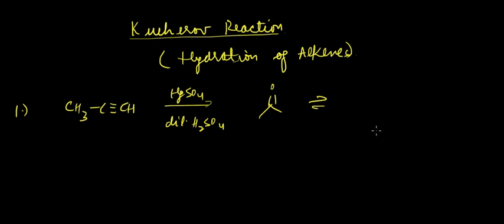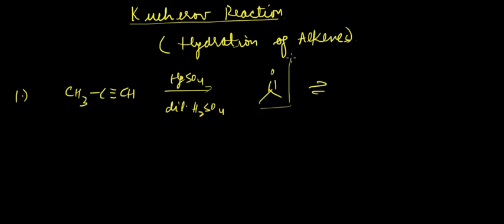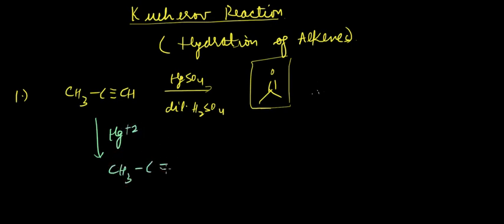So we'll come to the reverse cycle, as in how it is getting formed. So in the first step this alkyne is being acted upon with Hg+2. As a result, we'll be getting this product. On reaction with a water molecule, the water molecule will attack on one of the carbon atoms, obviously this one, because of more alpha hydrogens here.